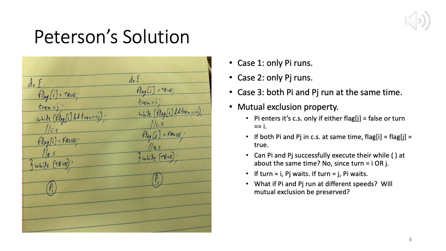The answer is no. Both Pi and Pj cannot be in the critical section at the same time because the value of turn can be either i or j, not both. So flag can be true for both definitely, but as far as turn is concerned, it can be either i or j, not both. Whichever is the value of turn, that process gets to enter the critical section.